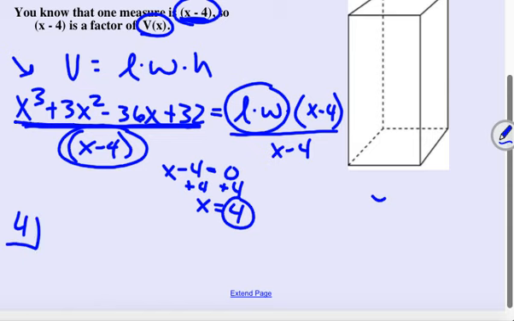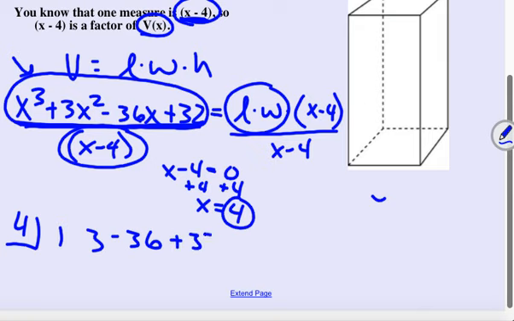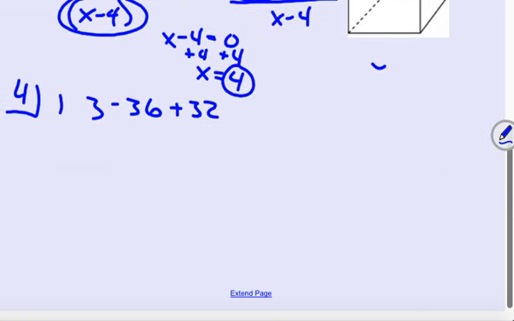And then I'm going to take the coefficients and constants of the polynomial that we're dividing into. x cubed, it's 1x cubed plus 3x squared minus 36x plus 32. And skip a space and start using synthetic division. Bring down the 1. 1 times 4 is 4.